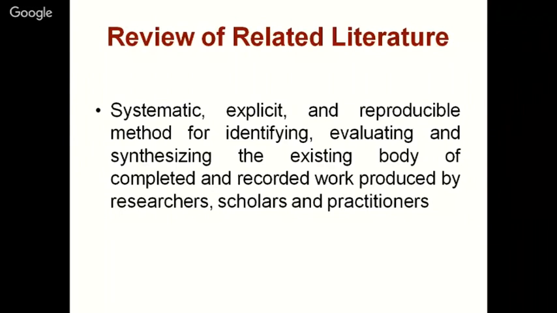Reproducible. That means when you are reviewing the literature, you are trying to summarize the information contained in the research article or the dissertation or the PhD thesis which has been submitted, and you are trying to reproduce some of the important aspects of that.